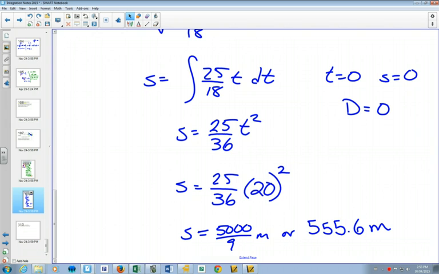Here we go. 25 divided by 36 times 400. That's what I did. 277.8, which as a fraction is 2,500 over 9. Thank you. Love it when you type things into your calculator wrong.